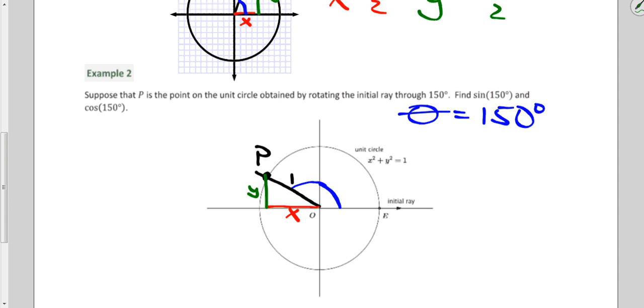Well, remember, if theta is 150, what do you think that angle is, the one that I did too? It's 30 degrees, right? How'd you get that, Bailey? 180 minus 150, right? So, how tall is this side? 1/2, right? Y equals 1/2.